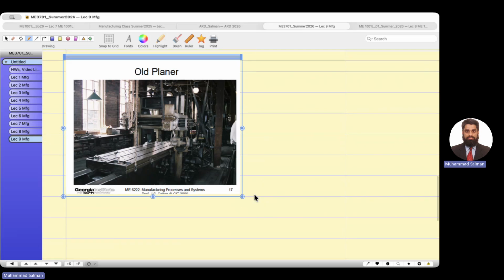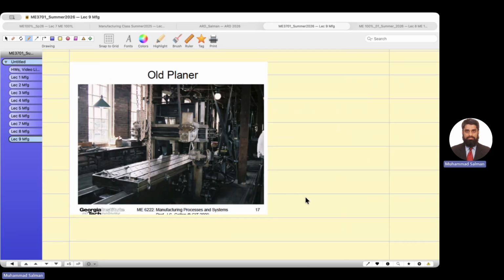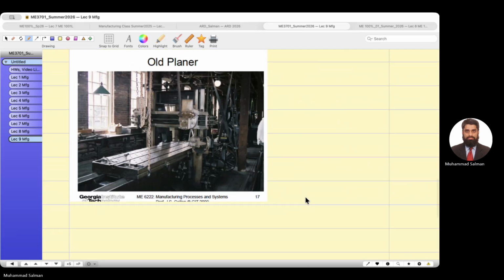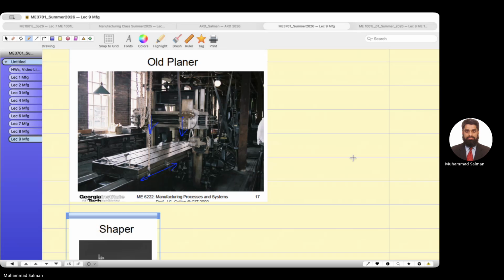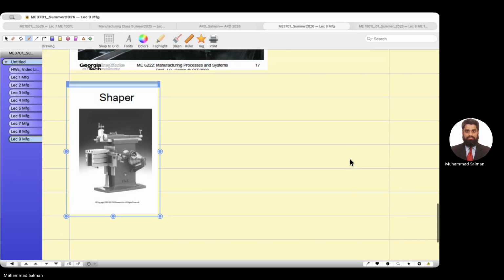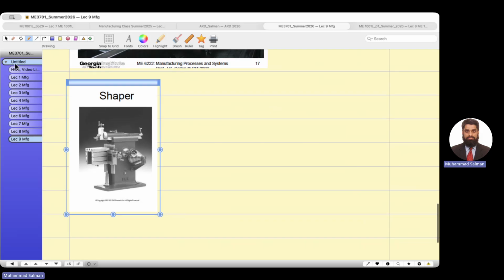The planer, you can see the table moves back and forth, and the tool comes down. It's an old planer. Similarly, this is a shaper.